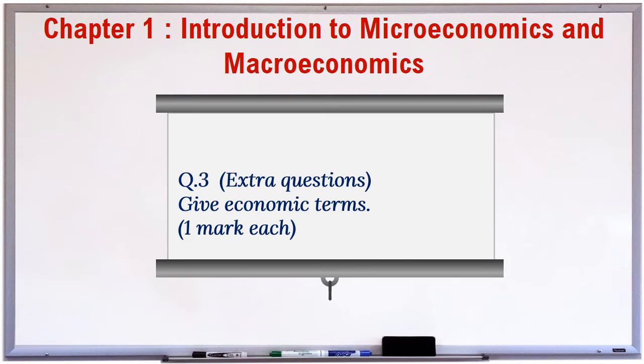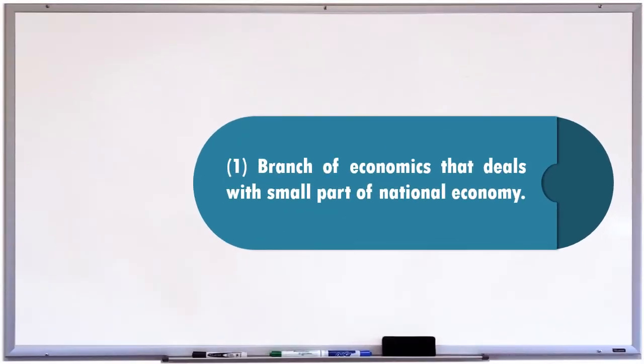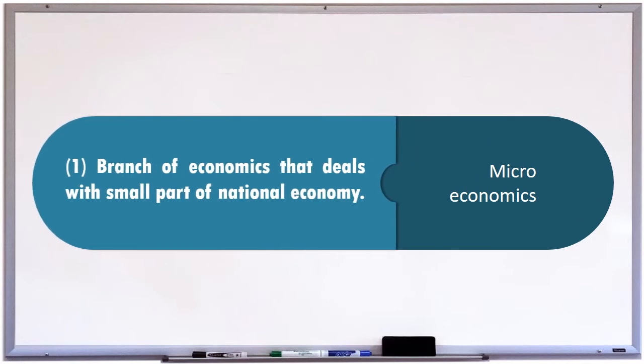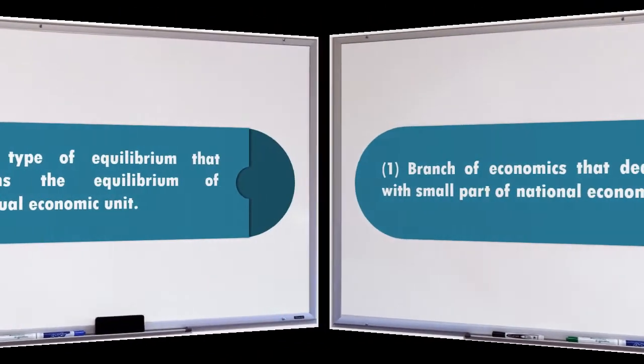Question 3. Extra questions, give economic terms. 1 mark each. 1. Branch of economics that deals with small part of national economy. And the economic term is microeconomics. 2.